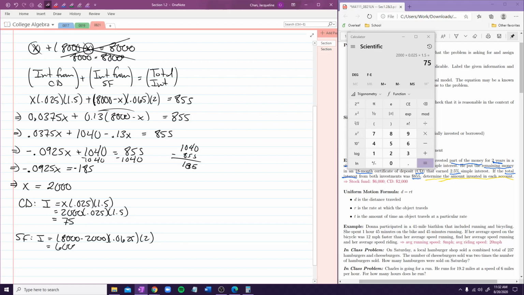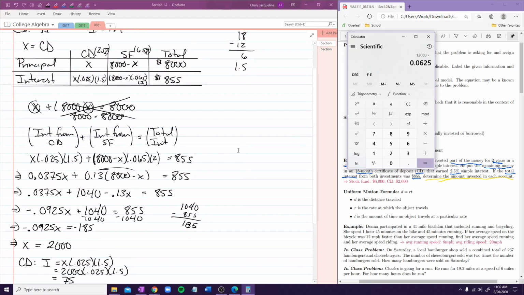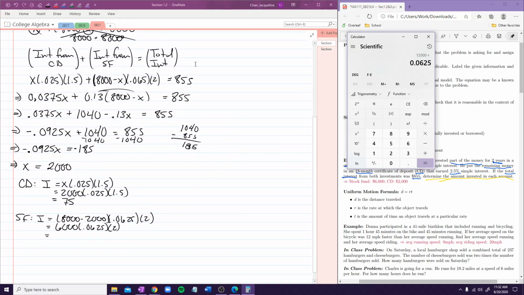So this is 6,000 times 0.0625 times 2. 2 times 6,000, that's 12,000, so I'm just going to go ahead and type that in, and then 0.0625, wait, oh, man, I made a mistake. Tried to do this from memory, and that did not work. Let me fix that real fast. This is 0.065, this is 65. And this is 780.